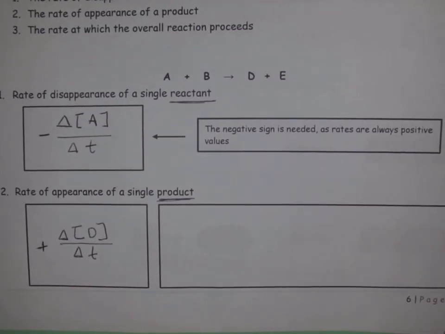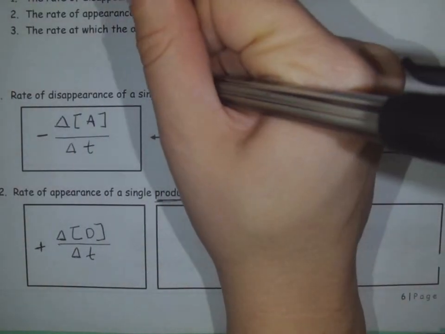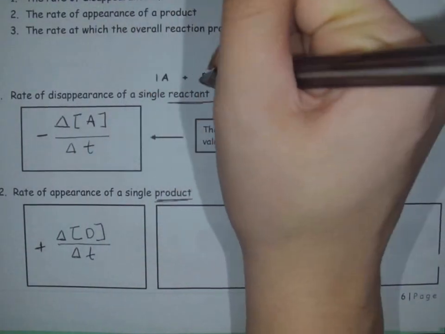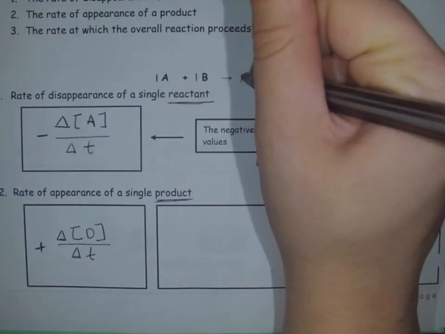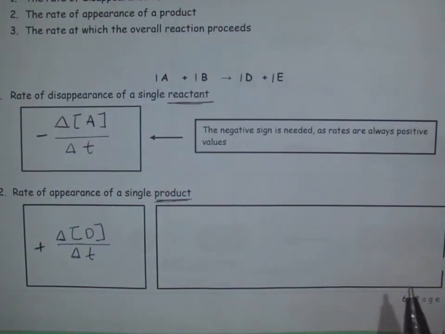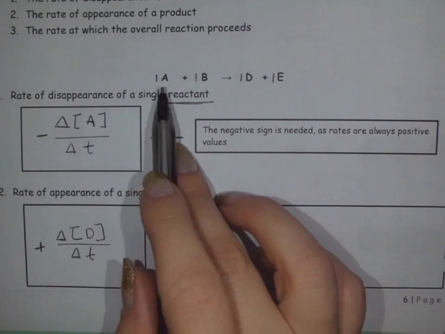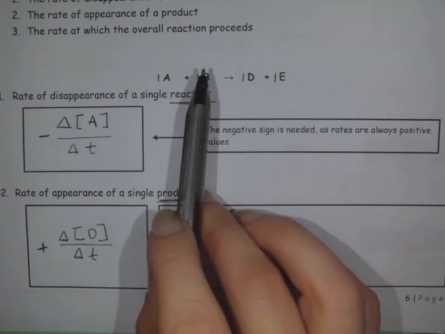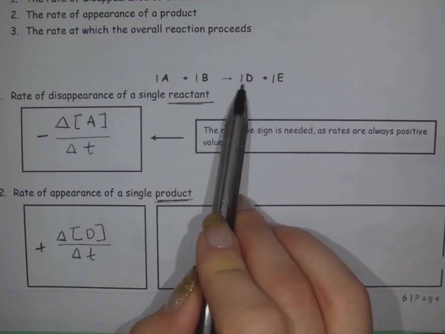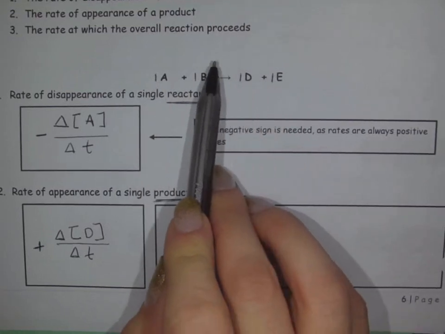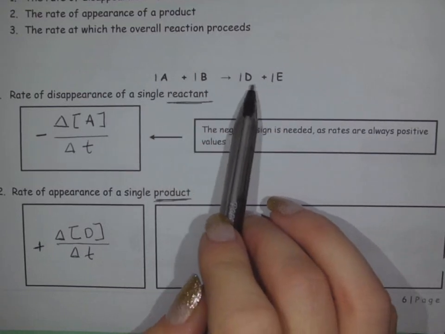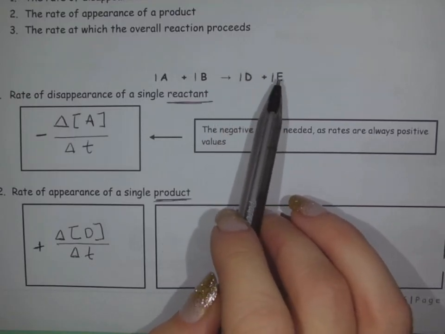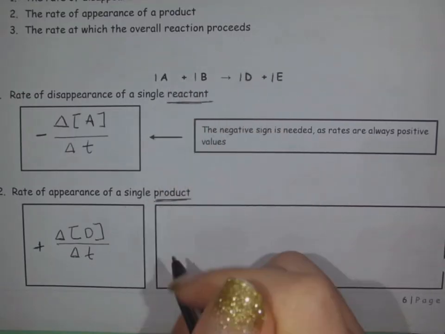Now, in a moment, I'm going to show you how the coefficients play into this, but right now we have an equation that doesn't have any coefficients, or all of the coefficients are the same, right? There's technically ones in front of all of those. And what's cool about this is when these coefficients are all the same, then the rates of disappearance equal the rates of appearance.